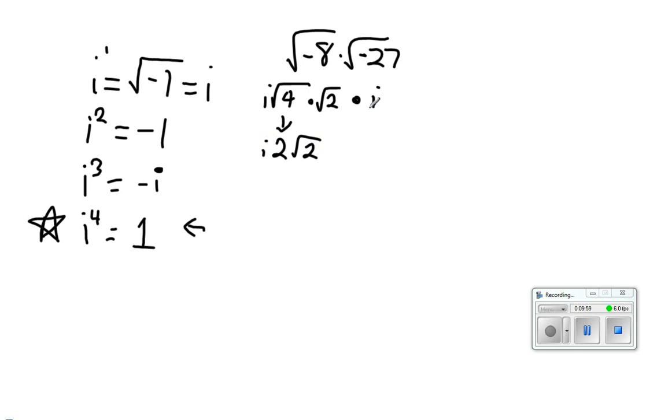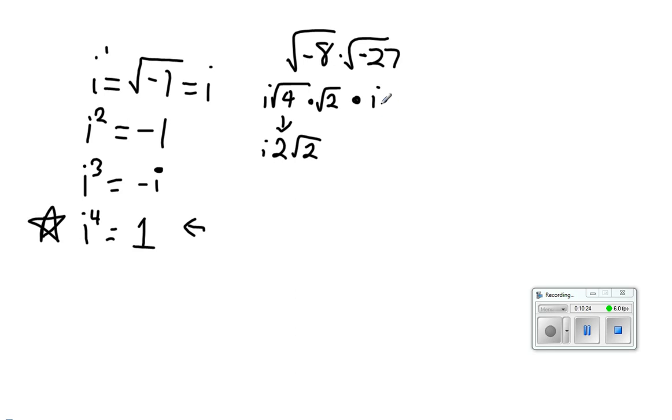How about the other side? The other side's gonna be i, so 27 would look like the square root of 3 and what else? 3 times what number is 27? 9.